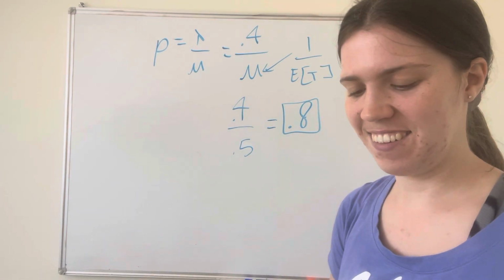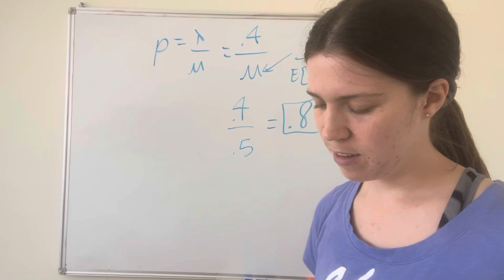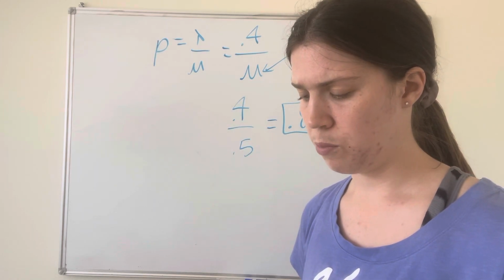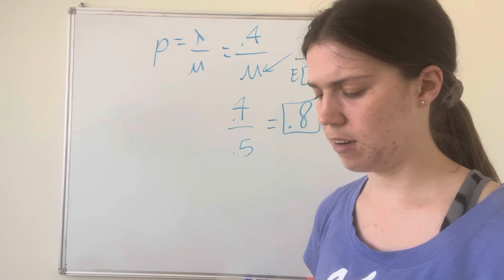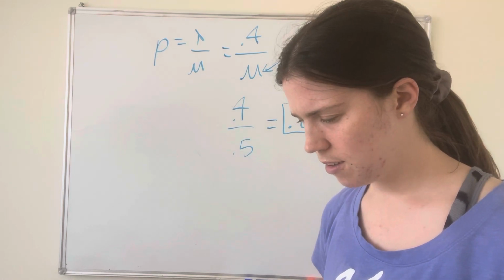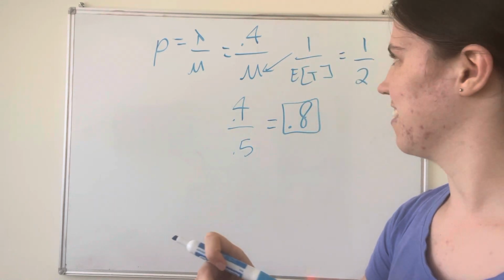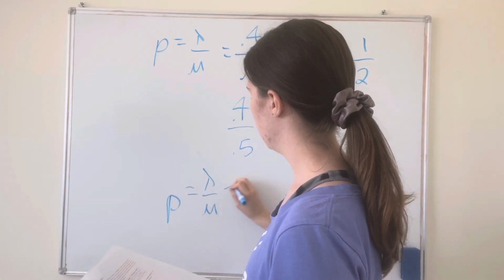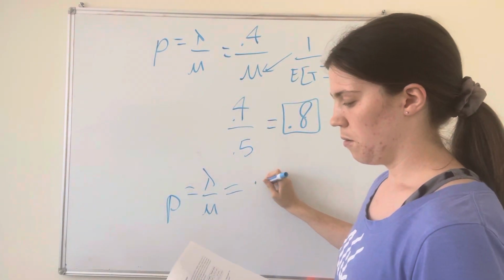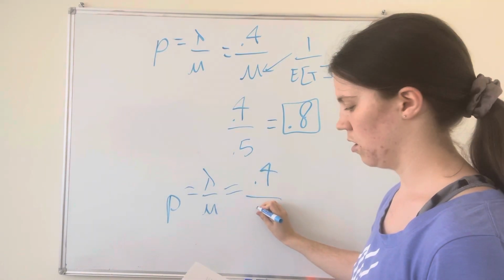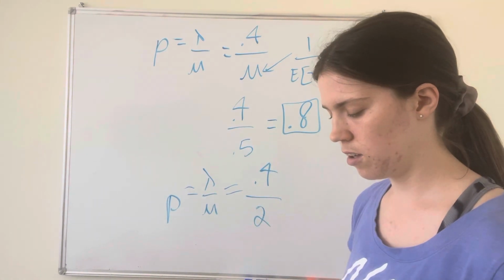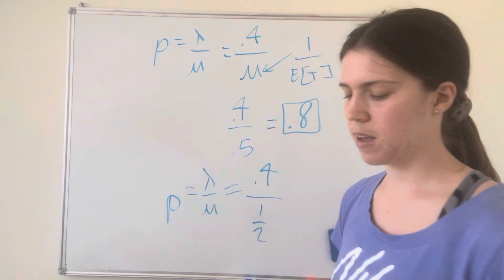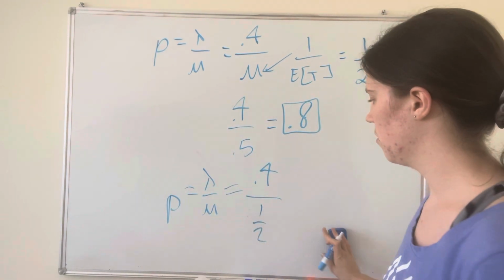Oh, you know what I just thought of? I wonder if you could just subtract the bread utilization. Could you do that? Okay, let's find it together real quick. So we have rho equals lambda over mu, lambda 0.4 divided by, because it's also 2 minutes in the bread queue.